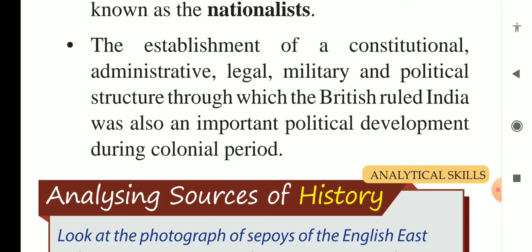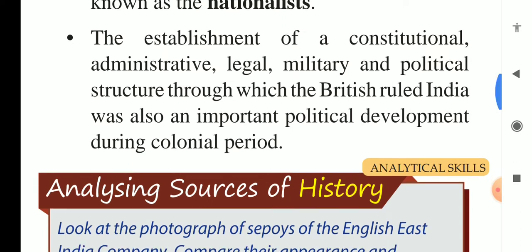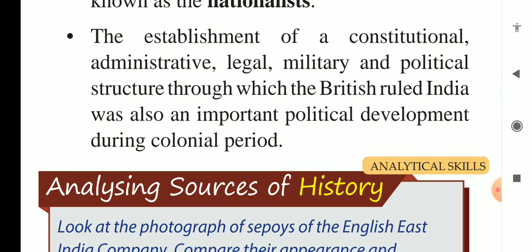Before the colonization, there was no same military culture either. Some king had one kind of military, another king had a different kind of military, and even the political structure was different. So Britishers brought such uniform political, administrative and legal development.